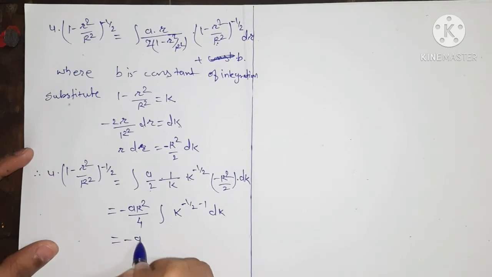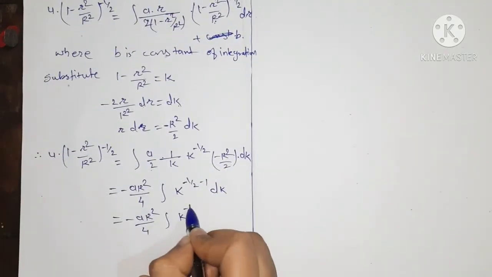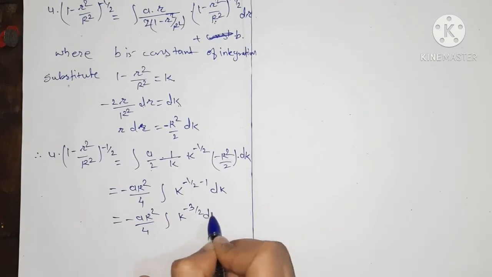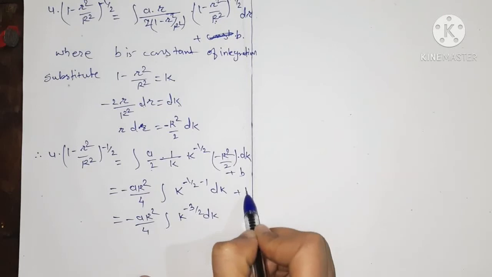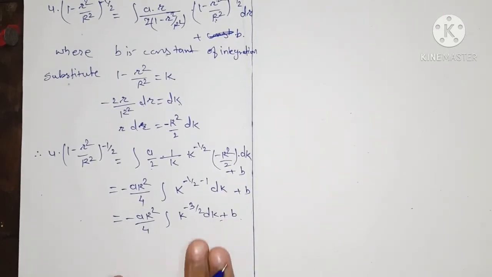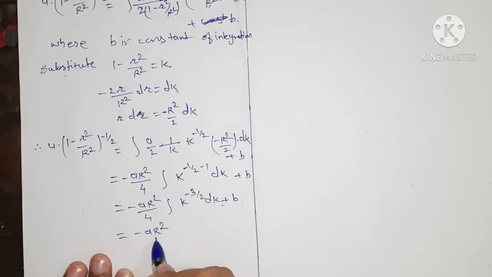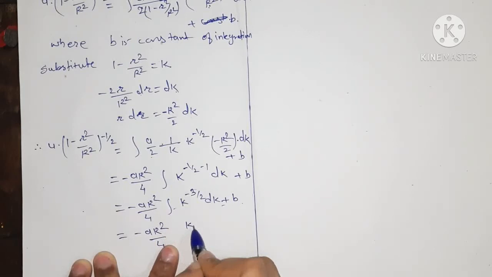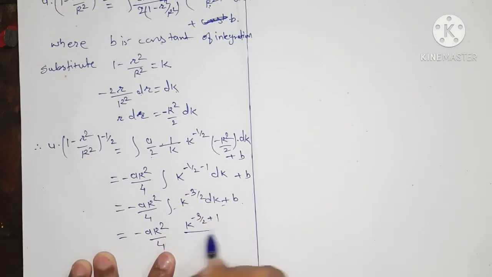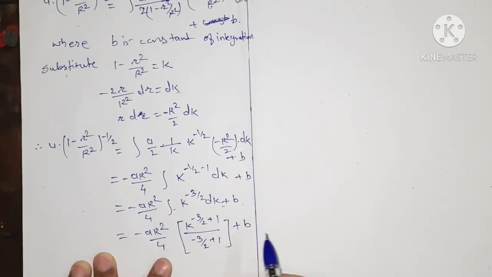That equals minus ar square upon 4 integral of k to the power minus 3 upon 2 dk plus the constant of integration, plus b. Now the integral of this is k to the power minus 3 upon 2 plus 1 divided by minus 3 upon 2 plus 1. After integrating we get this plus b.